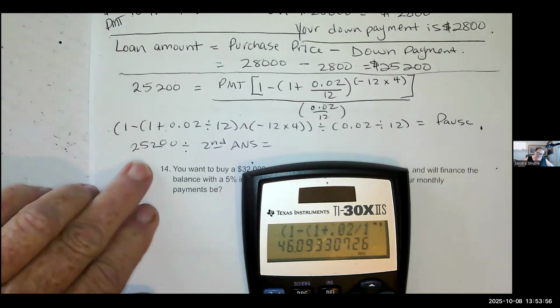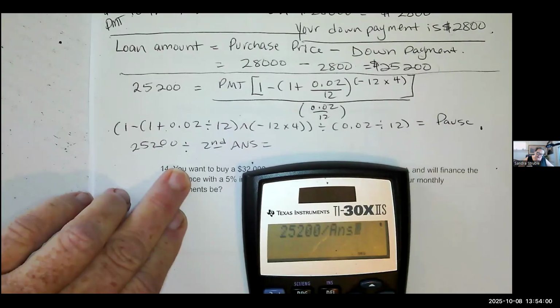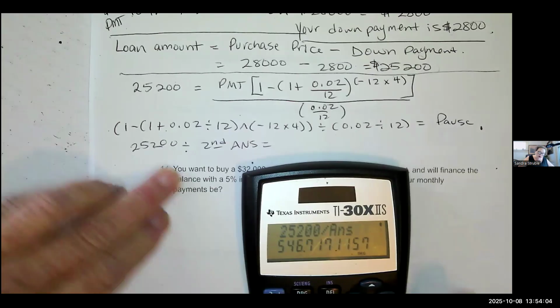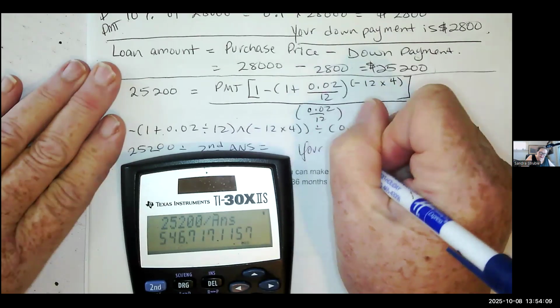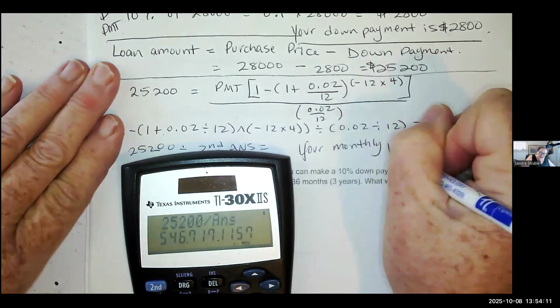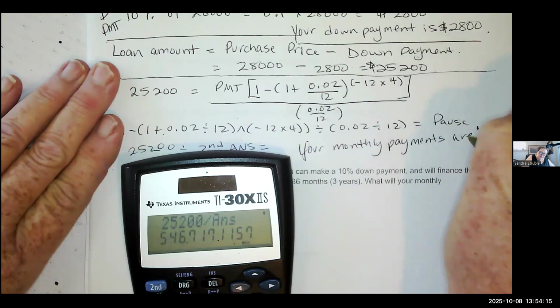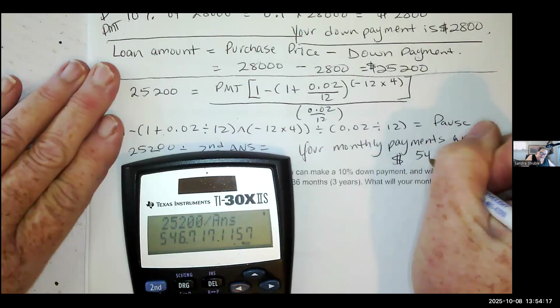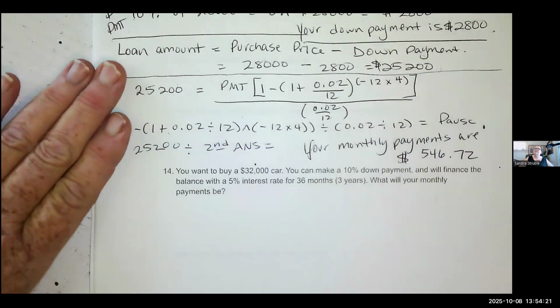Now I have to type in my loan amount divided by second answer, equals. And my monthly payments on this car. So your monthly payments are, don't forget your dollar sign, $546.72. And this is for 4 years.